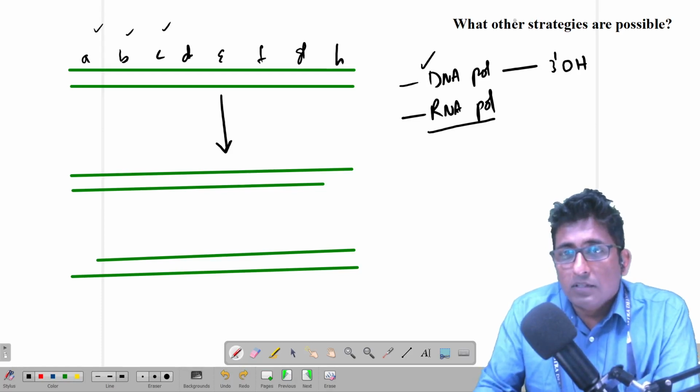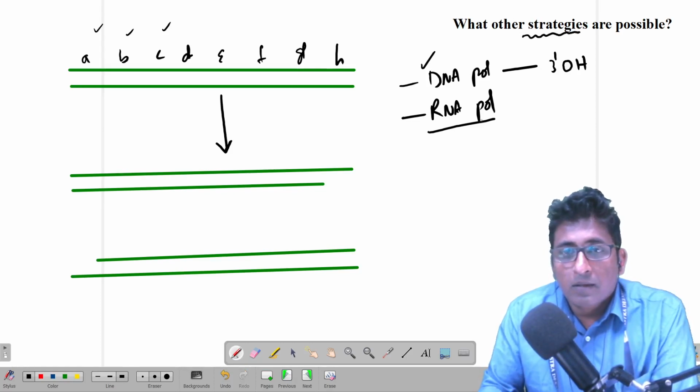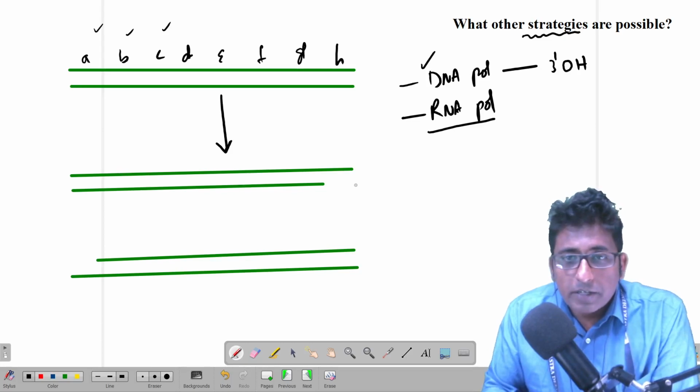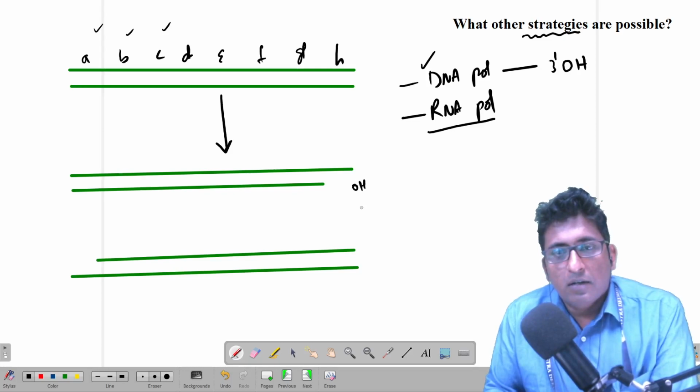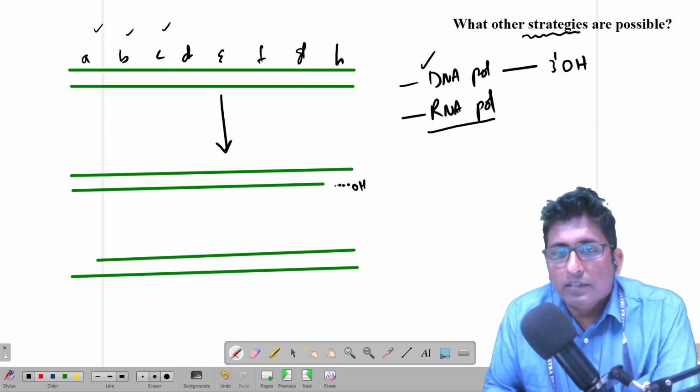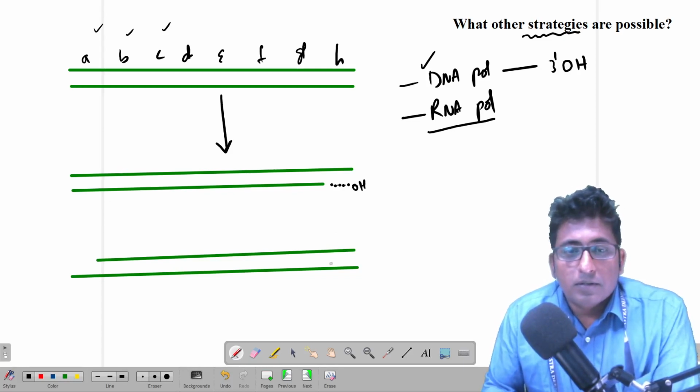Now, the problem or the strategies, if we look at it, all DNA polymerase requires is an OH here, based on which it should be able to fill these gaps here like this. There is another strategy.